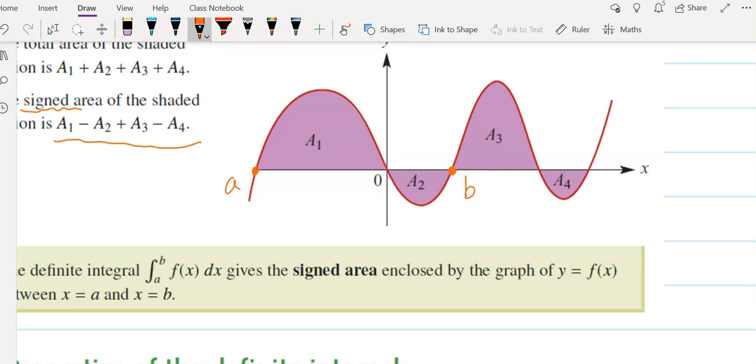It will calculate everything above the x-axis as positive and below as negative, and deliver just the final figure. Let's say, for example, I have 5 square units there and 1 square unit here. In that case, if I consider the integral from a to b of f(x) dx, it will give me the 5 minus 1 value, which is basically 4.